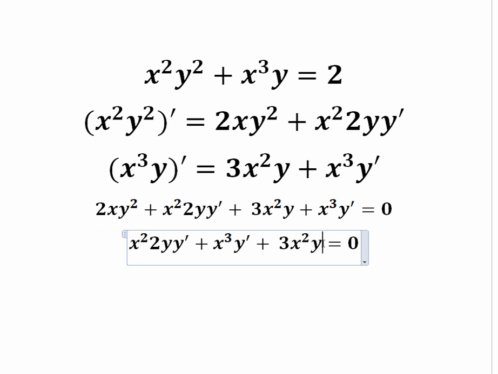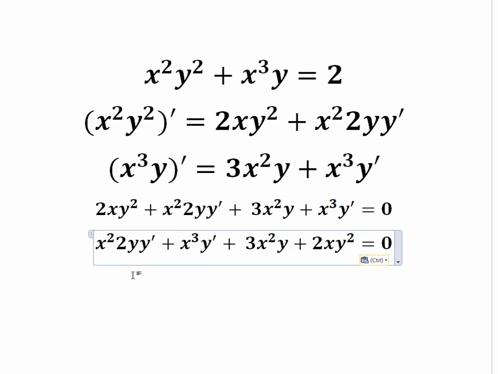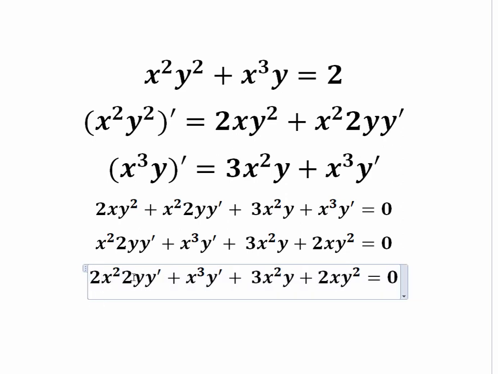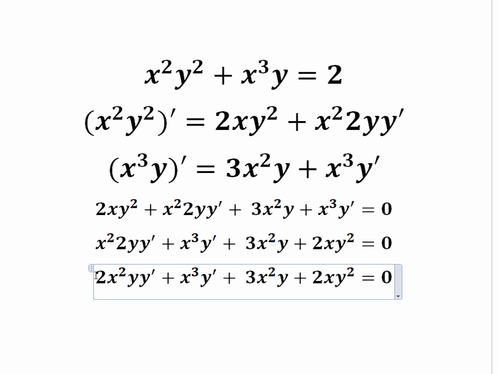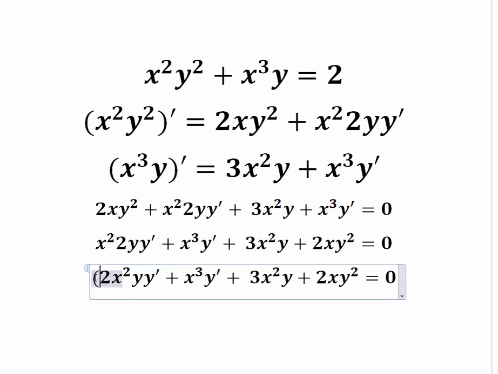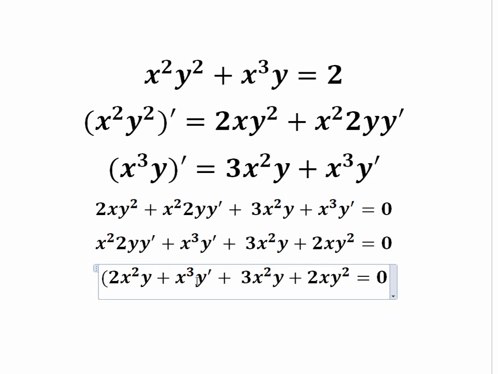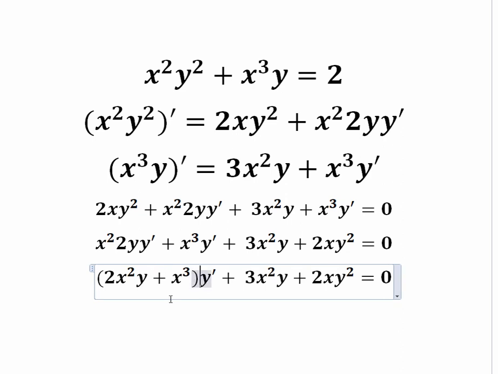So what happens now is that we have collected the terms containing y prime together. In these two terms, if we factor y prime, we get this.